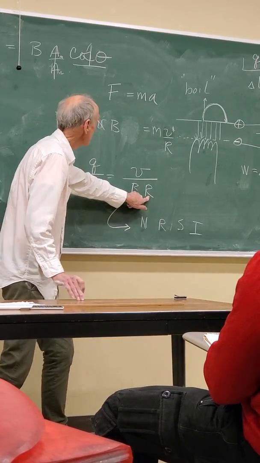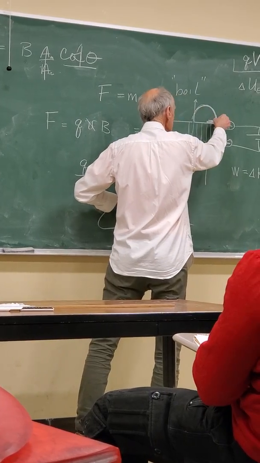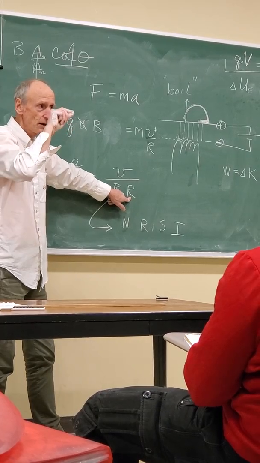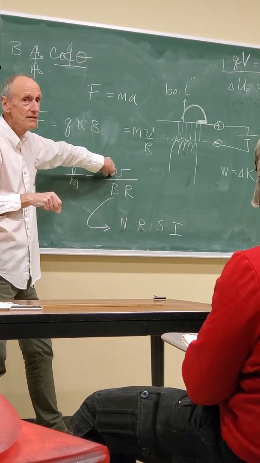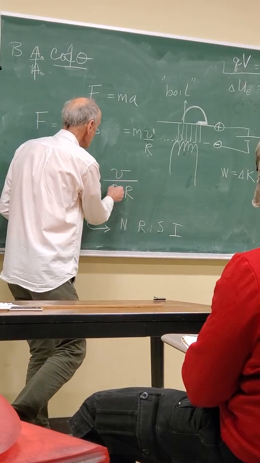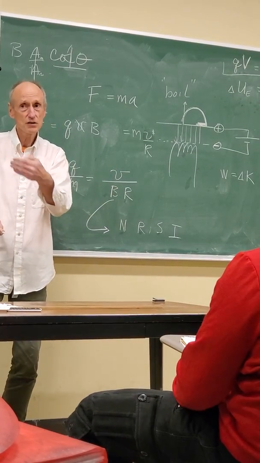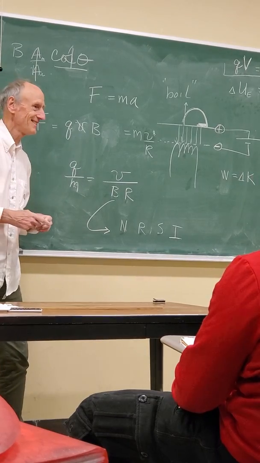What's this r? This is this radius, right? The radius of the circle that it bends in. So we did measure that directly by looking at the rings. And the last thing is v. So some of you said, oh, these are the things you need to get q over m. You're right. Those are the things you need to get q over m, but these two you can't measure directly.